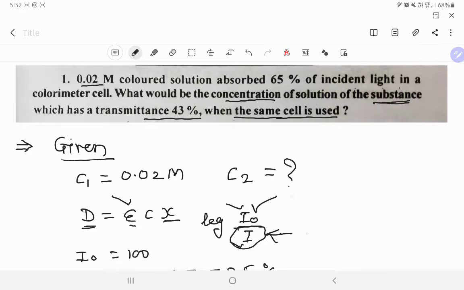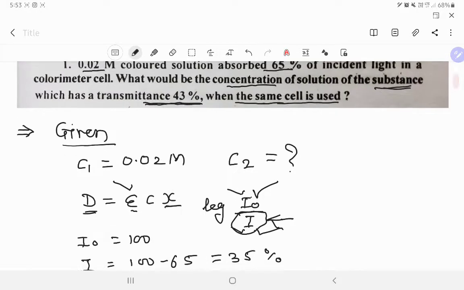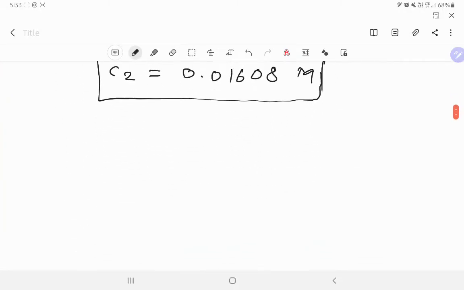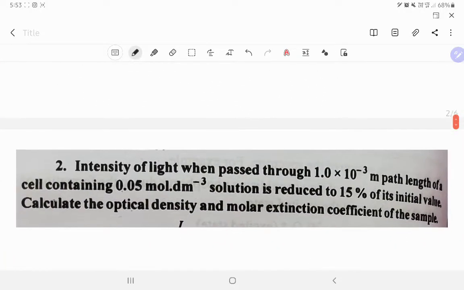Initially when x is equal to 0, and here after x. Both this I is a transmitted light, due to which this is taken as it is, and we have to consider here absorbed light is 65, means transmitted is 35%. Yes, if such comparative problem is given, two solutions, then you have to take the ratio. Yes, good. Got it? Yes. Next problem.